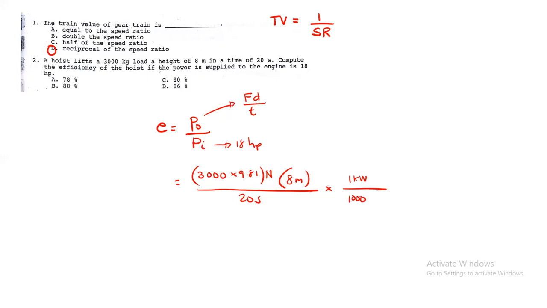So ang watts is Newton meter per second din. No? So Newton meter per second din yan. So maka-cancel yan. So kilowatts ang lalabas dyan divided by yung power input na 18 HP. So itong 18 HP, convert lang natin.